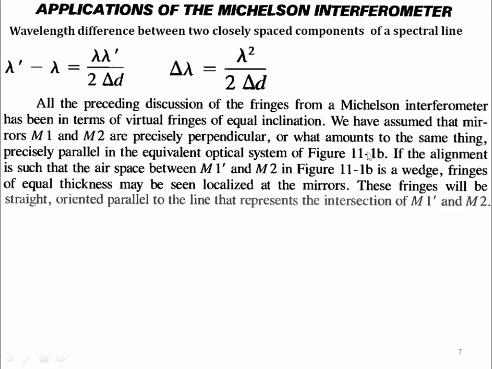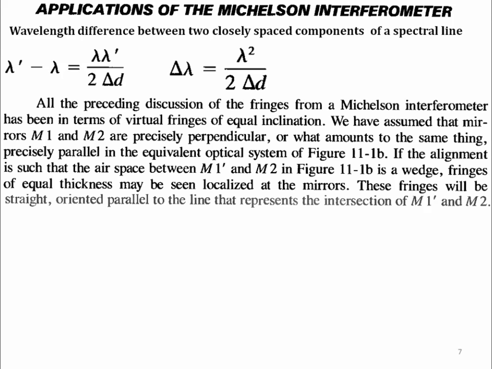But if the alignment of these mirrors is such that the air space between M1 dash and M2, which is there in this figure, is not uniform, meaning one of the mirrors, say M1 or M2, is not perpendicular to the beam direction, then what we may observe is that the fringes would be fringes of equal thickness, right?